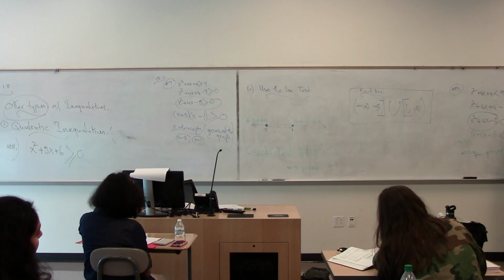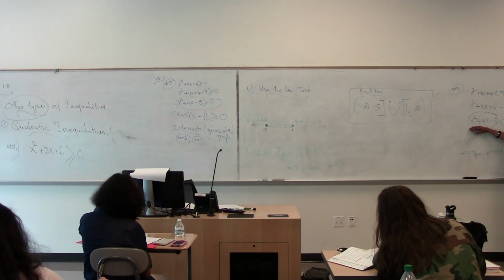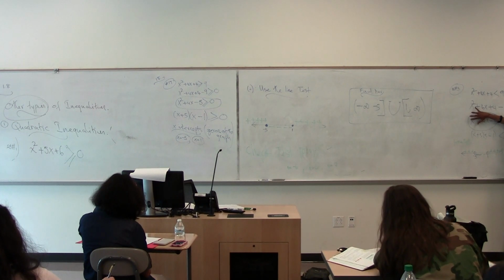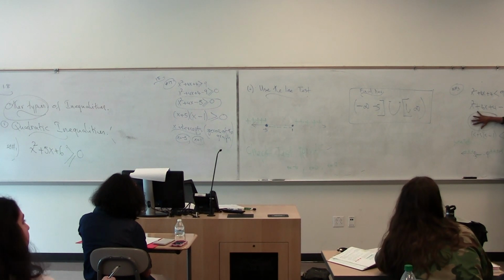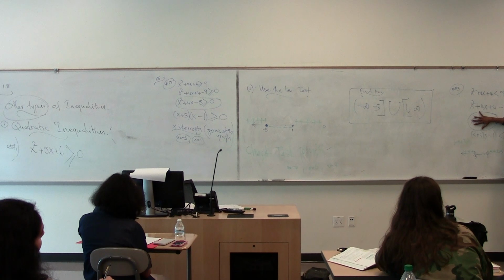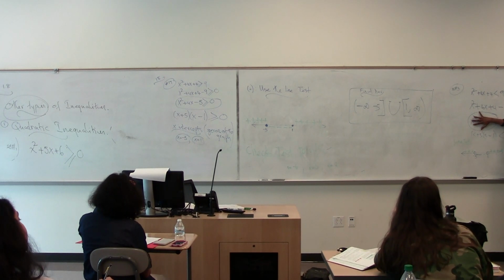Does it make sense? We are looking for x values of this, where everything is less than zero. This is the graph. Graph means the y. Okay? X values of this function. I can call this a function. Graph is a function. Where the graph is negative, right?